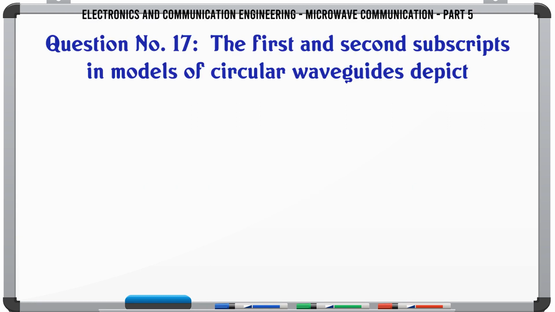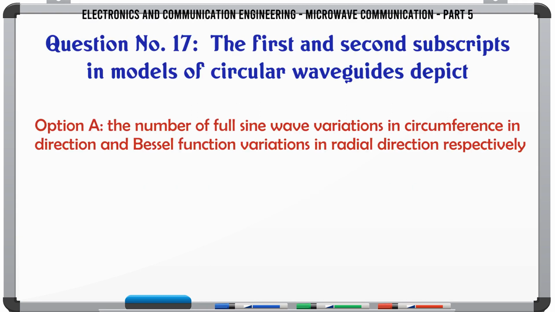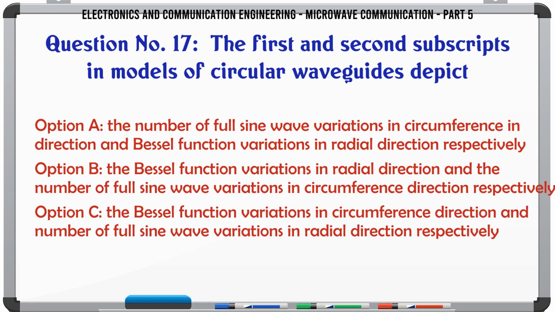The first and second subscripts in modes of circular waveguides depict A: the number of full sine wave variations in circumferential direction and Bessel function variations in radial direction respectively. B: The Bessel function variations in radial direction and the number of full sine wave variations in circumferential direction respectively.